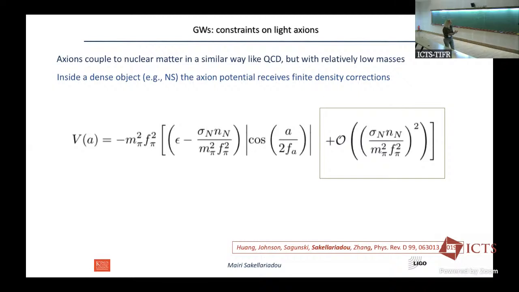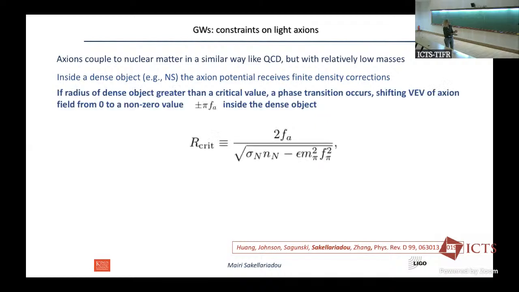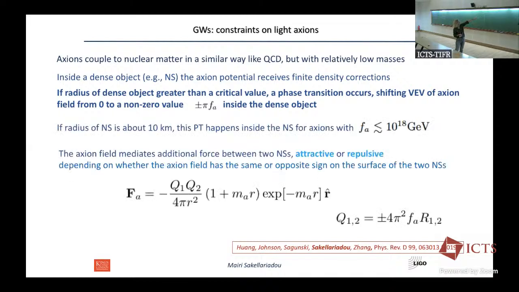If the radius is greater than a critical value, which is this one, then you will have the phase transition, which will bring it from zero to a non-zero value inside the dense object. For a neutron star, where we know that the radius is about 10 kilometers, this happens for axions with this kind of constraint on the decay constant. That's all I'm saying.